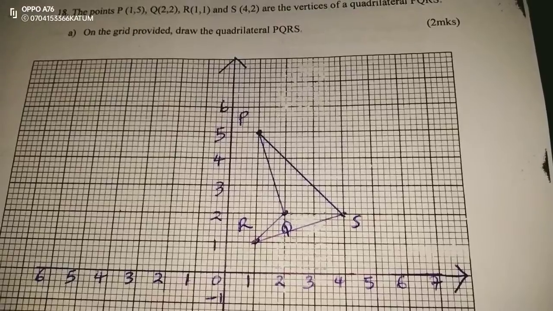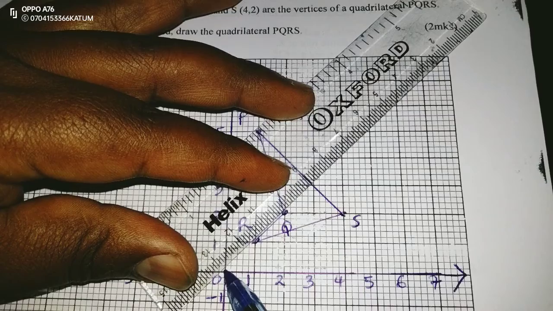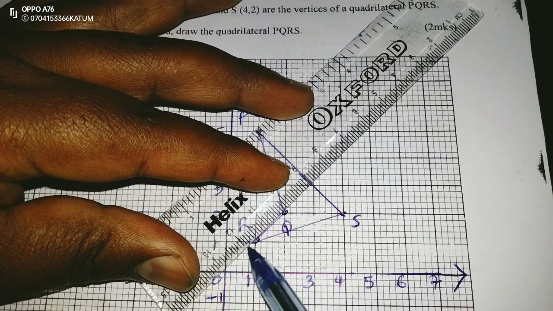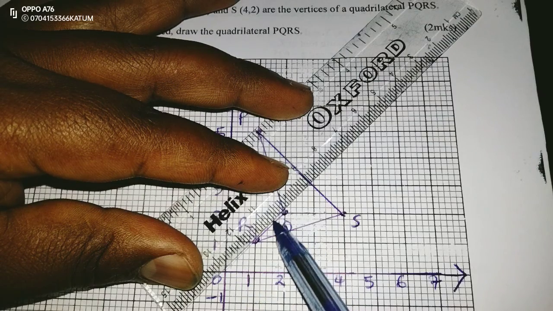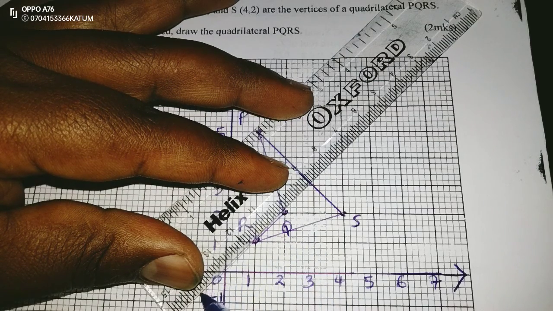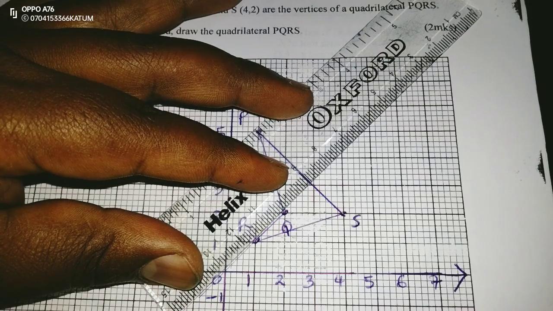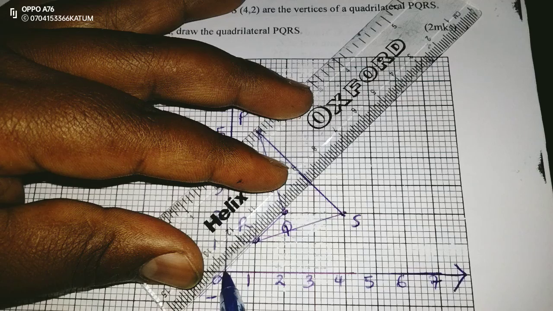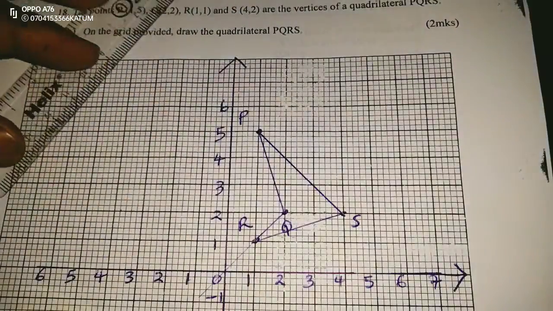That means we should be joining every point to the origin. I'll begin with any point. So from R to the origin, and also from Q to the origin, because they are on the same line. Then I extend a little bit so that I may measure the angle of rotation, which is 90 degrees in the anti-clockwise direction. If it was clockwise, we would measure from the center of rotation in the clockwise direction, but now we go in the anti-clockwise direction.